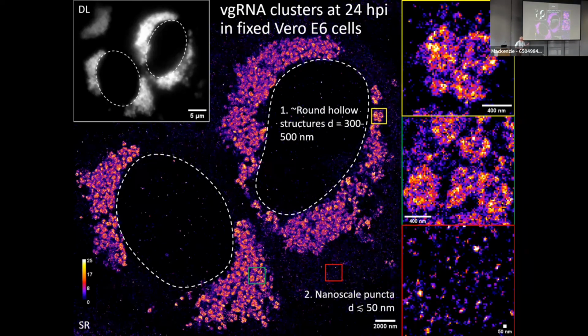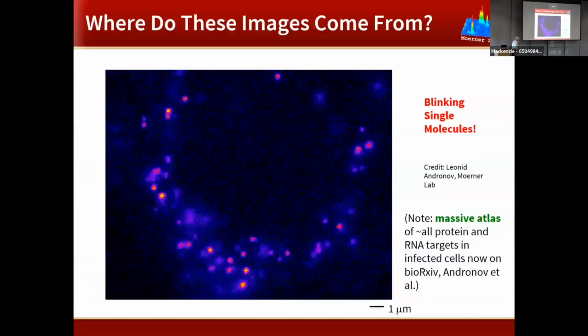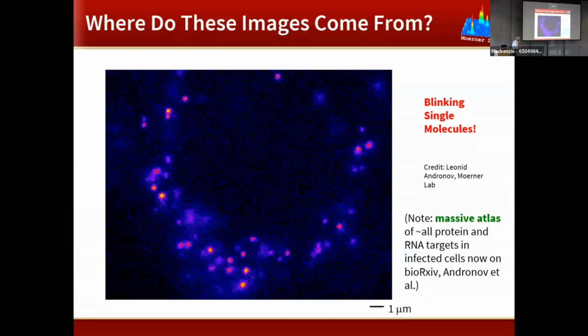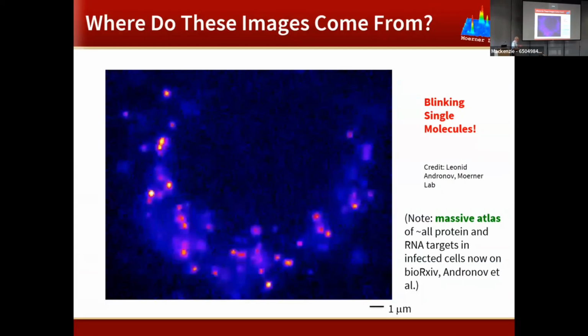So my point here is that a tremendous amount can be learned just by this simple super resolution imaging. Now, let me just remind everyone that all of that data, those beautiful images, are coming right from this kind of raw data.